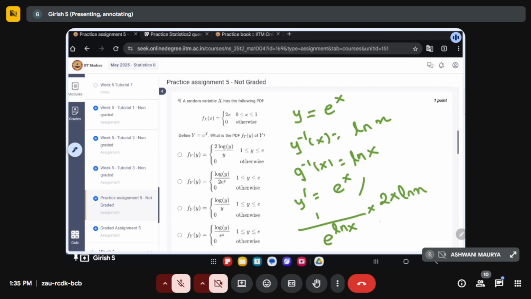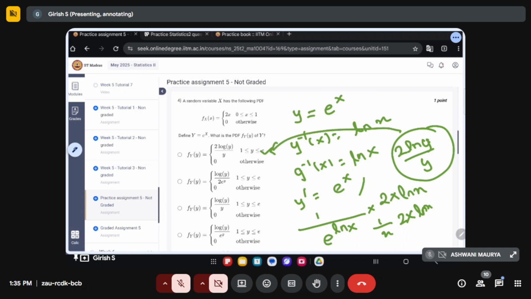So this is basically 1 by x, and you can write something like log 2 y. It's matching this one, right?